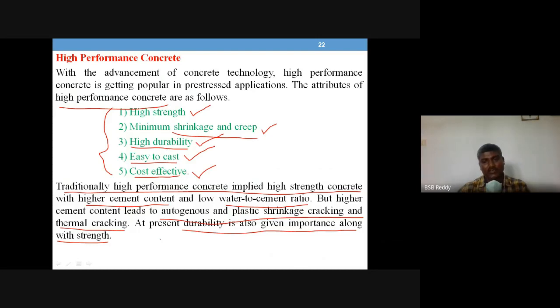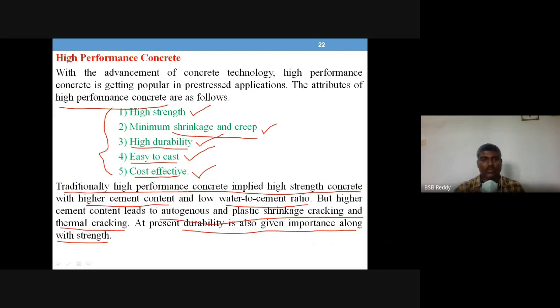Earlier, high strength concrete was the need, and we have problems with high strength concrete: the heat of hydration is very high, the shrinkage cracks will be very high, and durability is less. These are the problems with high strength concrete.